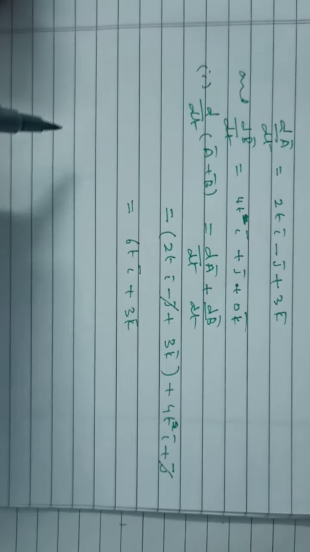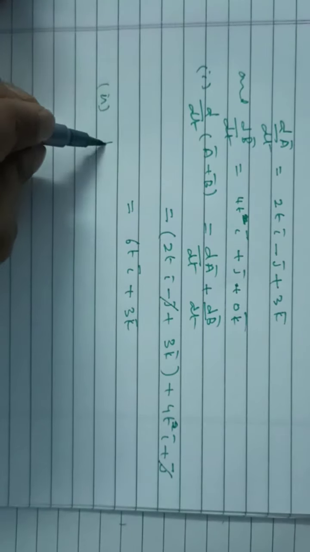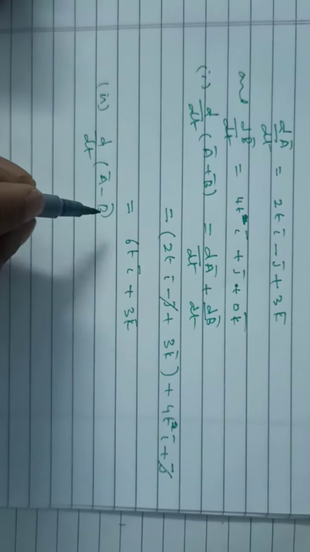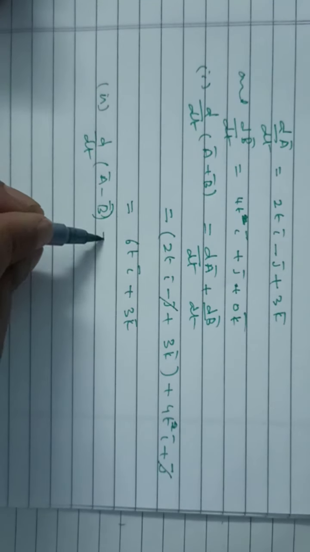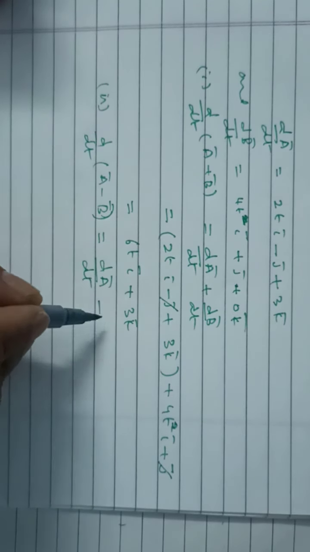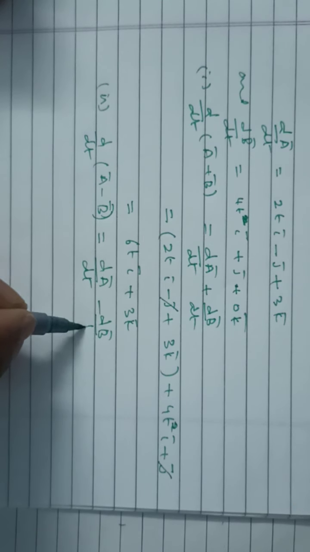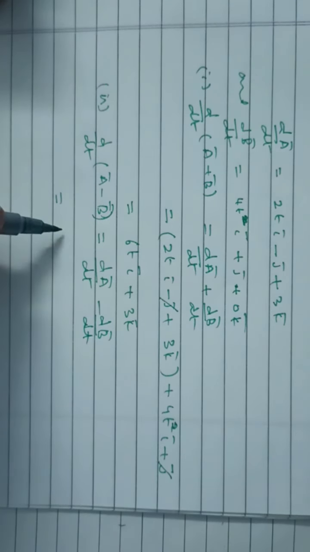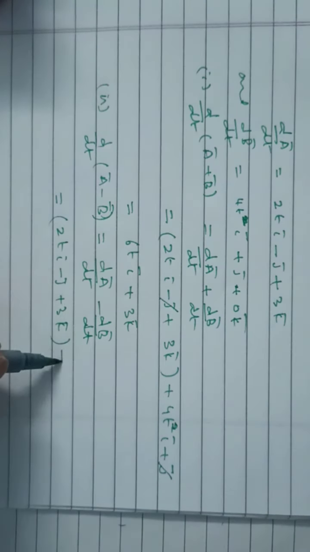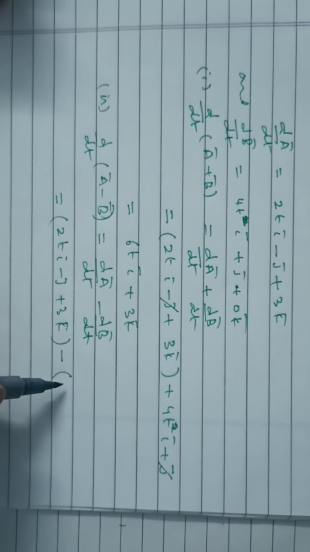The second problem, d by dt of a bar minus b bar is equal to dA bar by dt minus dB bar by dt is equal to 2t i bar minus j bar plus 3 k bar minus of 4t i bar plus j bar.